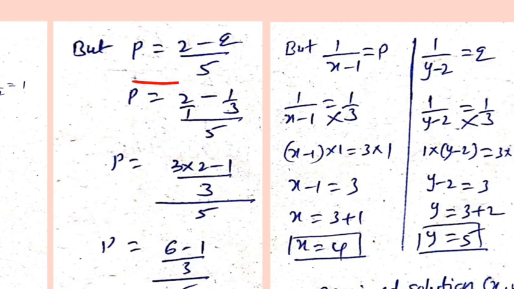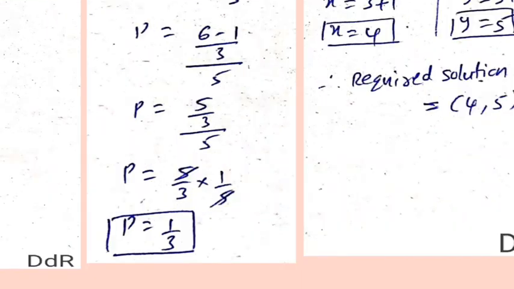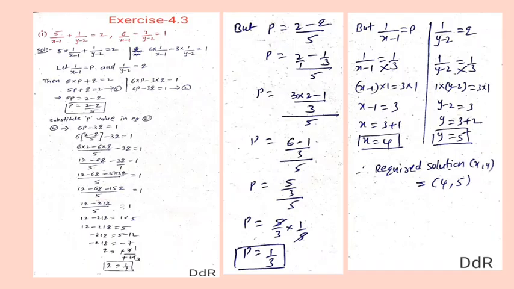So 3 into 2 minus 1 by 3 by 5, so 6 minus 1, that is 5 by 3, by 5. Now 5 by 3 by 5 is 5 by 3 into 1 by 5, 5 cancels, p equal to 1 by 3. So q value is 1 by 3, p value is 1 by 3.